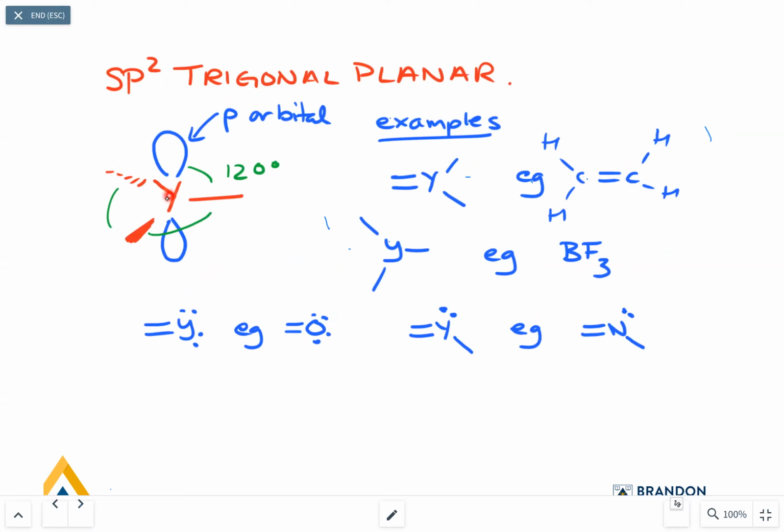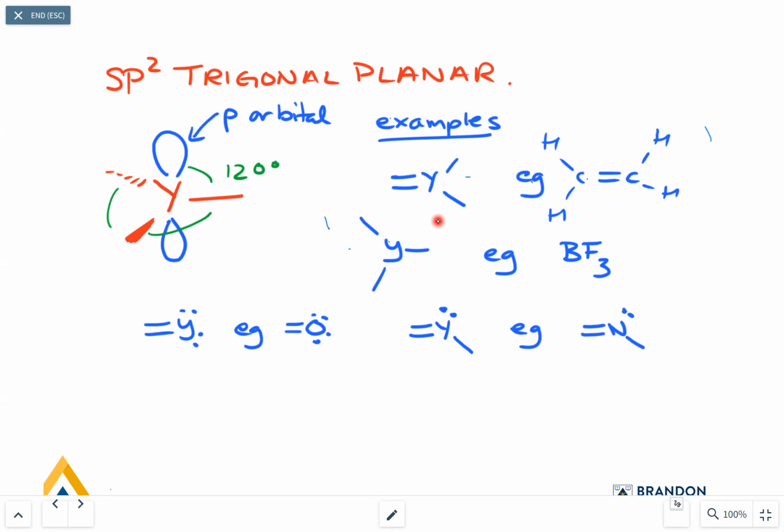If you've got a system where you've got 1 double bond, so in ethylene, or if you've got an empty p orbital, which would be a system like boron trifluoride, or if you've got, say, here, this nitrogen, this is an imine. We're going to see this in the inorganic too.